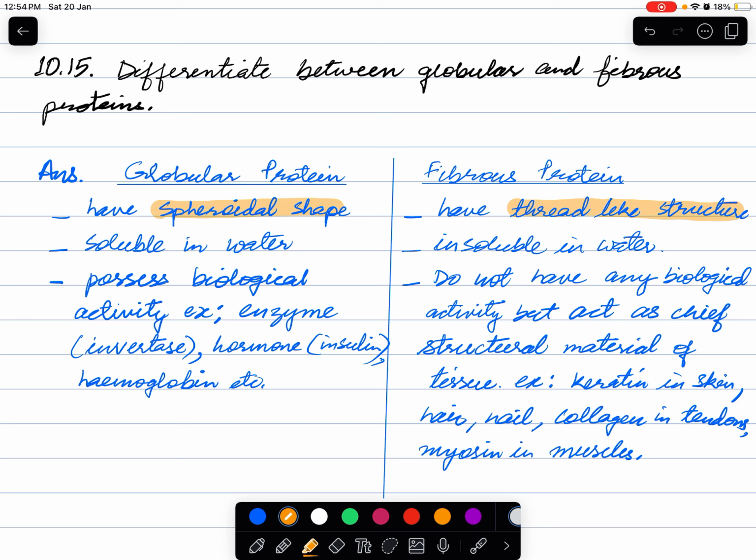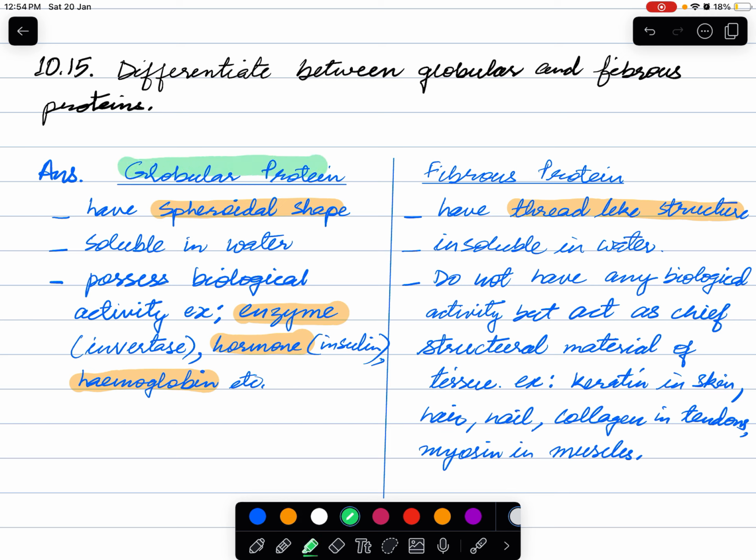And globular proteins are soluble in water, while fibrous ones are insoluble in water. The globular ones possess biological activity, and therefore they exist in our body as enzymes, for example invertase, hormones like insulin, or another very important globular protein, which is hemoglobin. Hemoglobin is the one which carries oxygen. So all these are examples of globular protein.